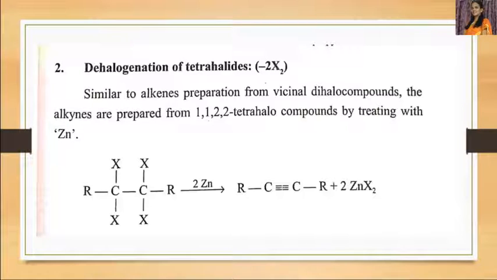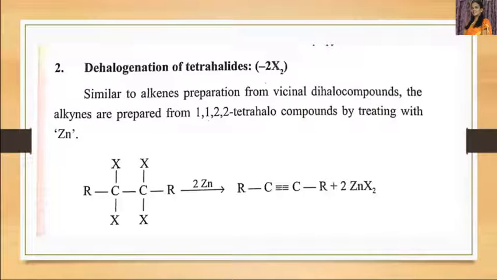Then we will get an alkyne. Similar to alkene preparation from vicinal dihalo compounds, alkynes are prepared from 1,1,2,2-tetrahalo compounds. By treating with alcoholic zinc dust, we finally get an alkyne.